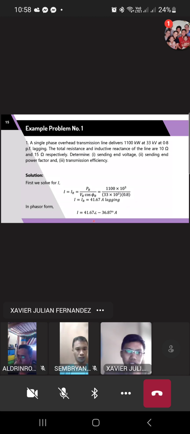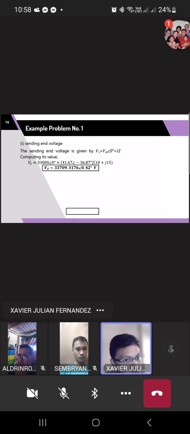Now for the sending end voltage, we can use this formula. Compute: 33,000 angle 0 plus 41.67 angle of negative 36.87 times the series impedance, we get this one. Sir, what is the sending end power factor?